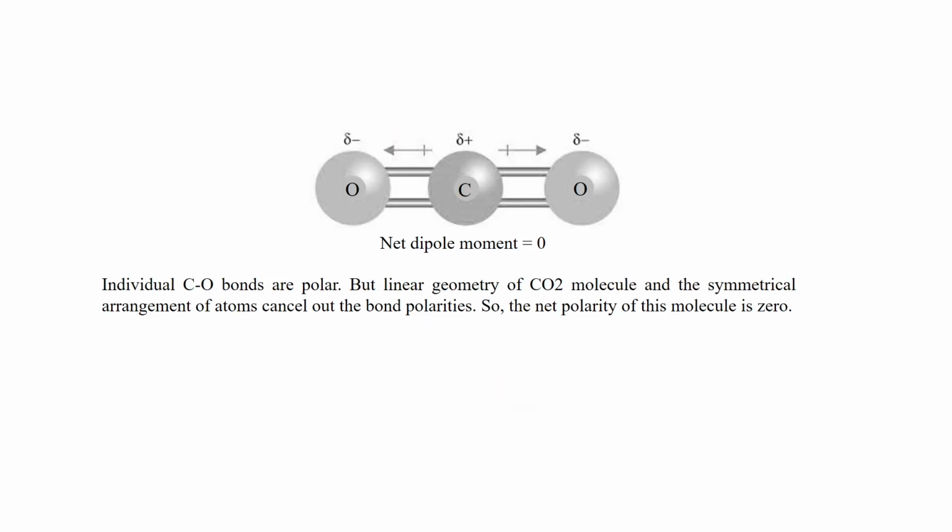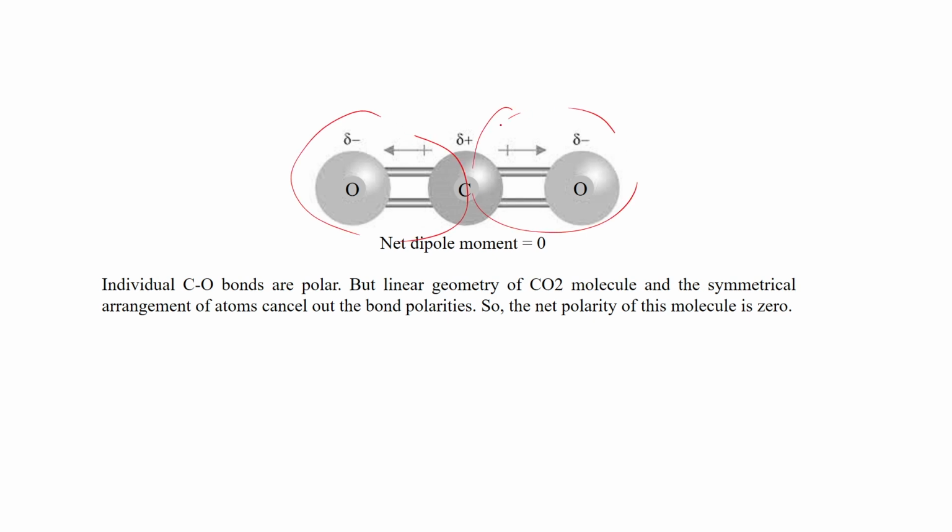Now it also happens that the dipole moment will not always be some finite value. For example, the carbon dioxide molecule is linear. It has two bonds on both sides, C=O and C=O, and there is a dipole moment for each of these bonds.